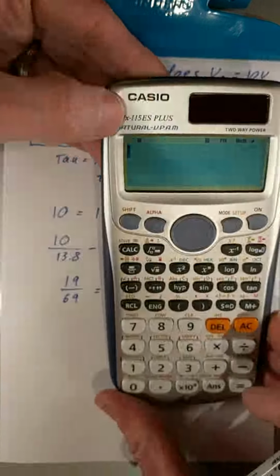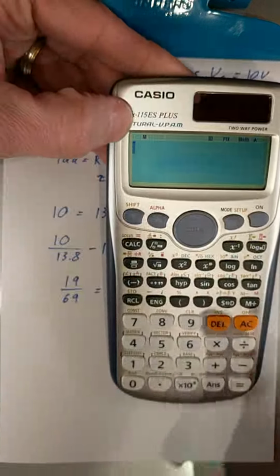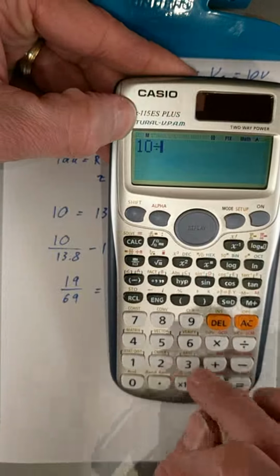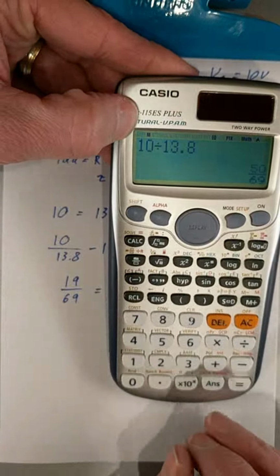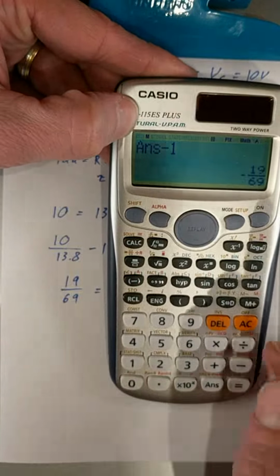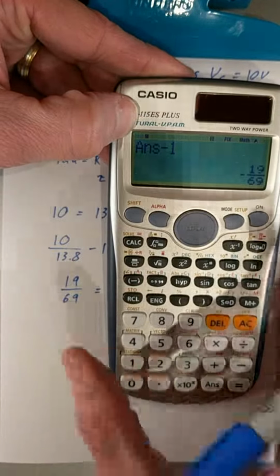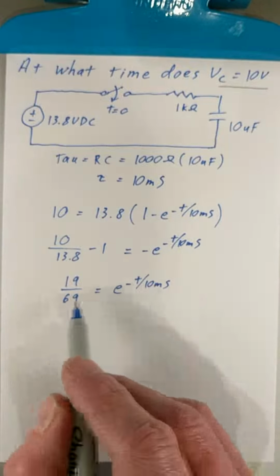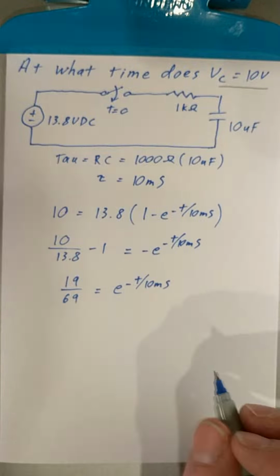By the way, that's one of the reasons I like this calculator so much, is that it gives us the fractions directly. For instance, if we go 10 divided by 13.8, and then subtract 1 from that, you can see that it gives us the fractions directly. All right, so again, taking care of signs here, this is what we're left with.